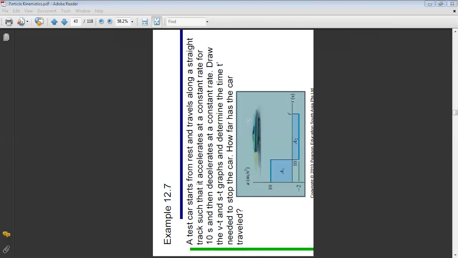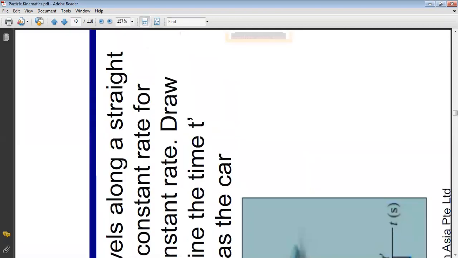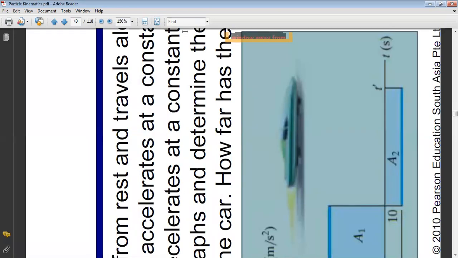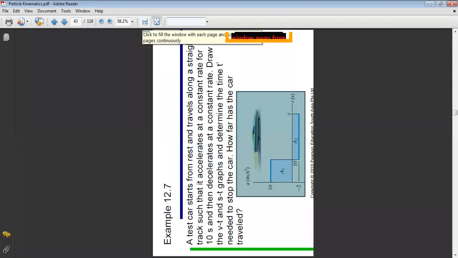Just one second. Guys, do you know how to rotate the screen? Because I don't know what happened.